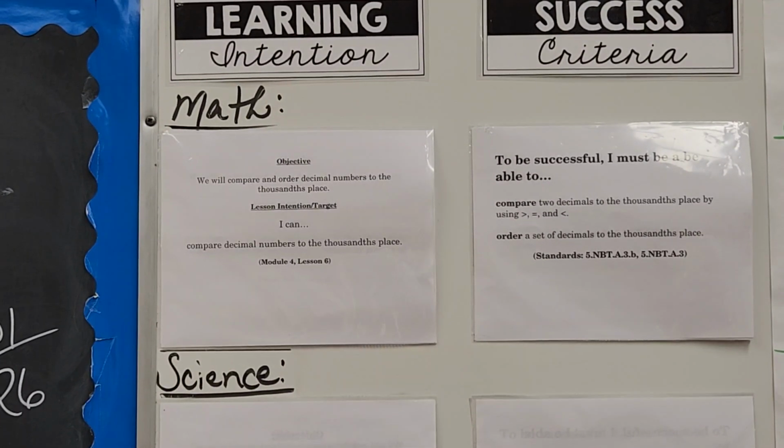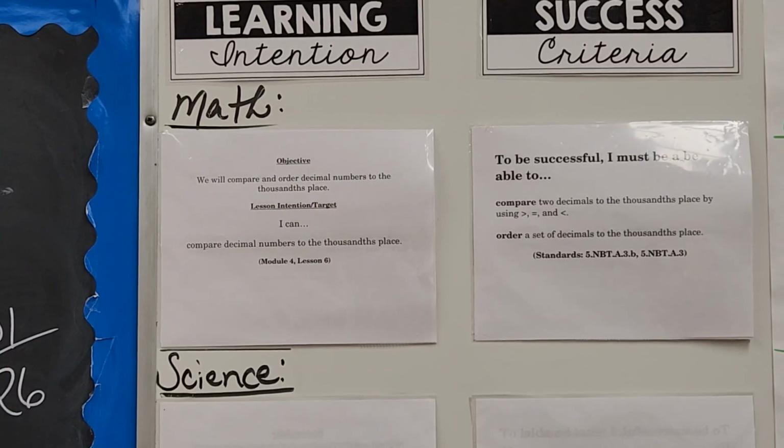To be successful, I must be able to... I have a mistake there. I must be able to, and that comes from the standard. So if they can do that, they shouldn't have a problem with the exit ticket, and that's what I give to them, just so I can see how much they got from the lesson. Did they master the lesson, or what do I need to go over before I start on the next lesson?